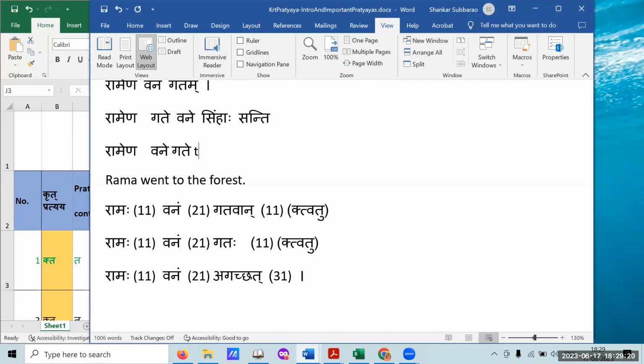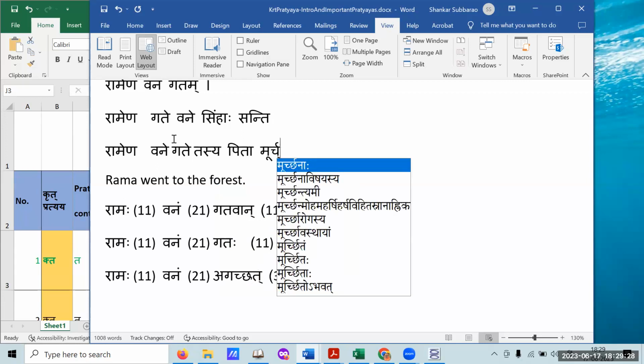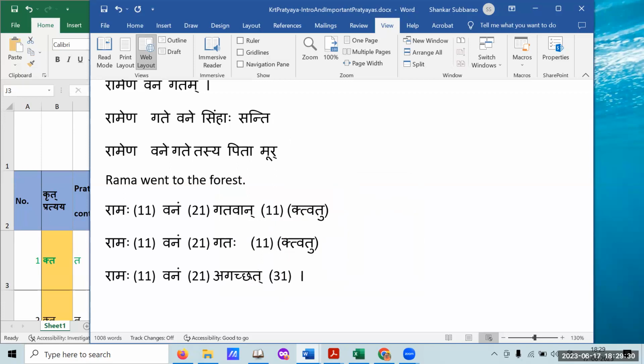Tasya pita. Murchitaha. I can say Abhavat. Murchita abhavat. Asit. What does it mean now? Ramena vane gate. Now what have I done?